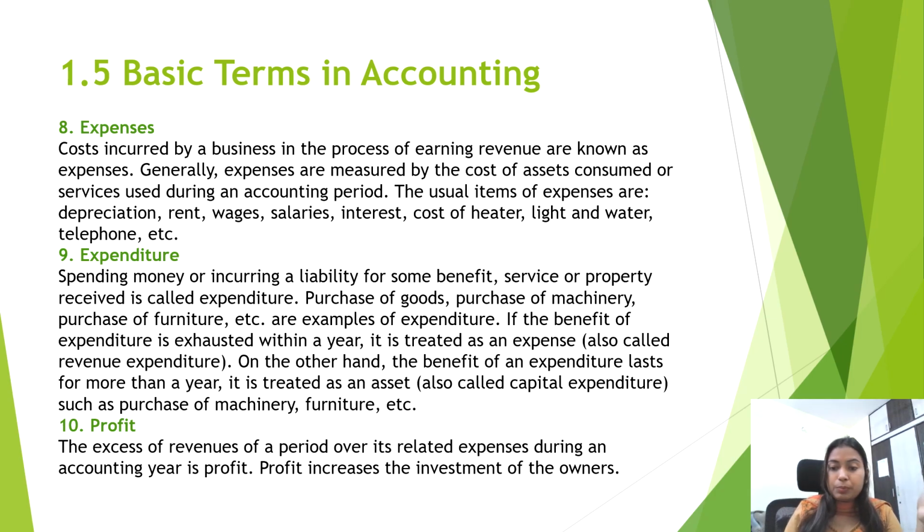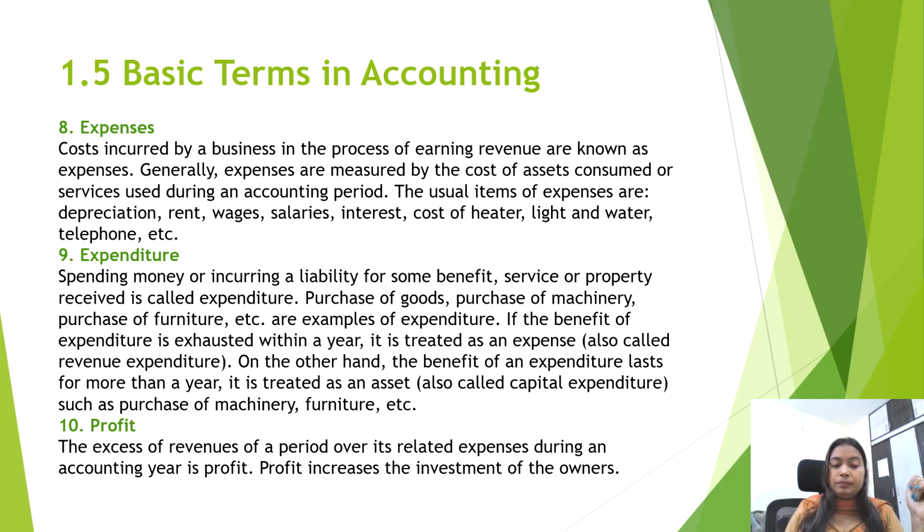Machinery which we are purchasing will not exhaust in a single year, but the purchase of goods will exhaust within a year, so this will come under revenue expenditure. So there are two terms in expenditure, revenue expenditure and capital expenditure, which you must know.